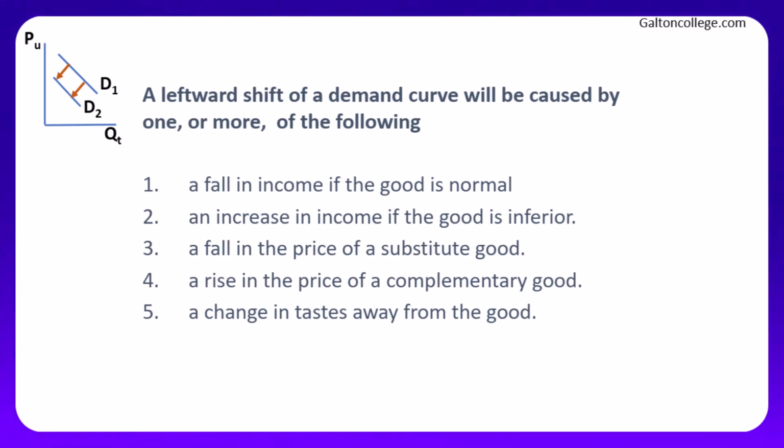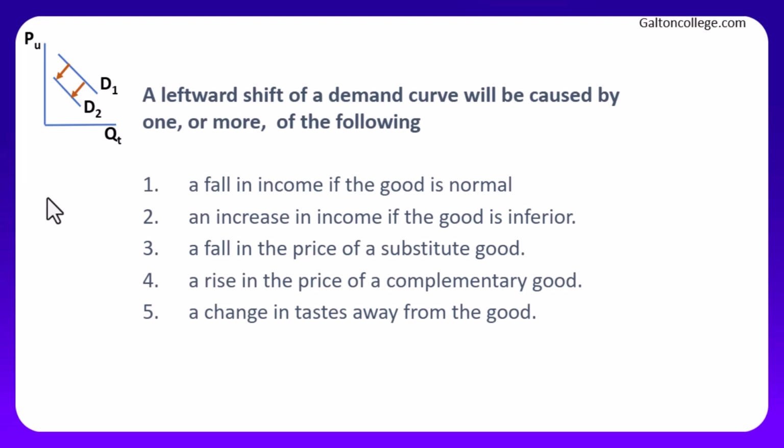If we're buying something and one of its substitutes becomes cheaper, we might switch over and buy that. If the price of a complementary good increases, we might buy less. If the price of petrol rises dramatically, we might buy fewer petrol-driven cars. So the demand will shift to the left, like I've got here. Shift to the left.